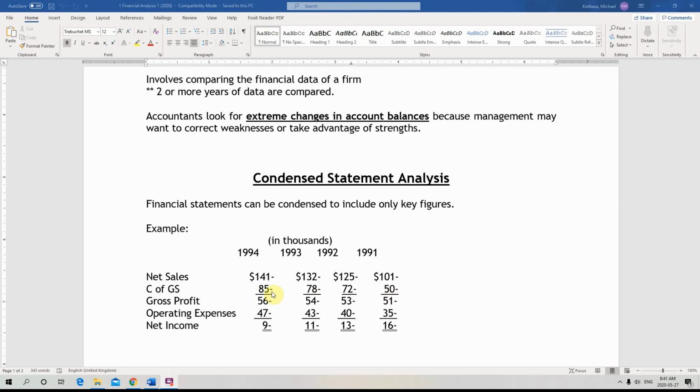But we also see that our expenses have also increased over that same period of time, from 35,000 to 47,000. So those are the two reasons why we're seeing our net income drop.